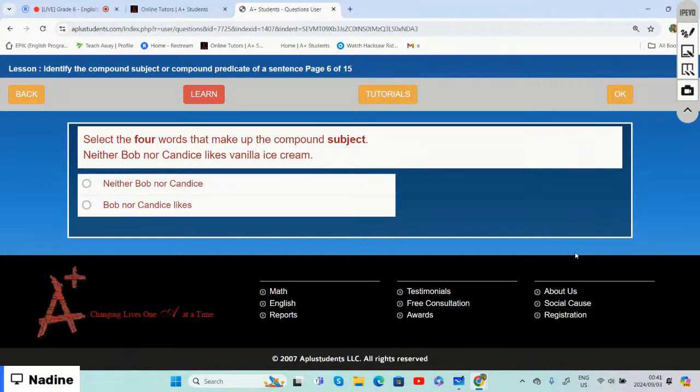So now we need to select the four words that make up the compound subject.